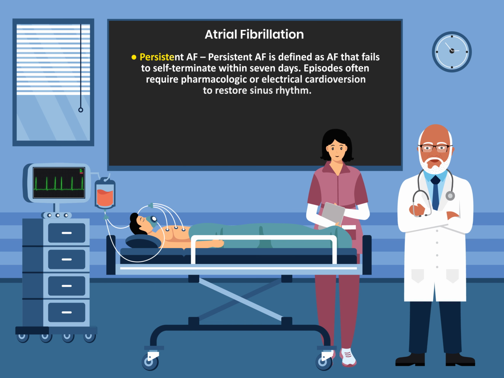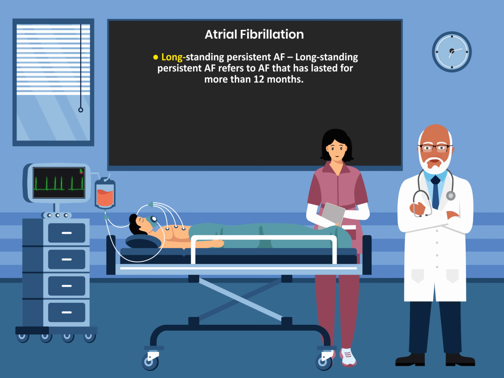The next classification is persistent AFib. Persistent AFib is defined as AFib that fails to self-terminate within 7 days. Episodes often require pharmacologic or electrical cardioversion to restore sinus rhythm.